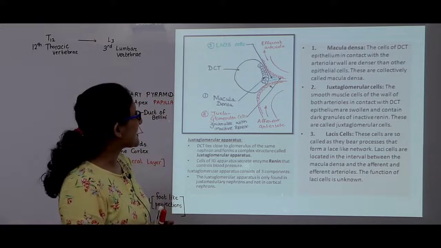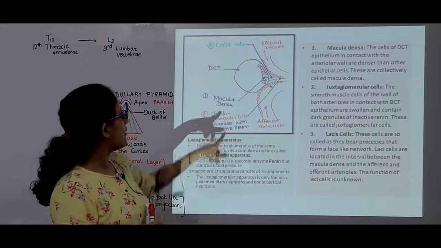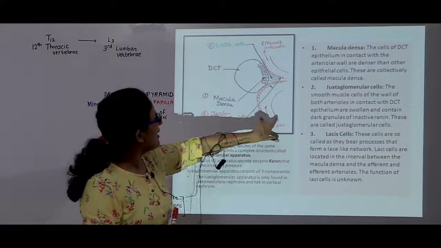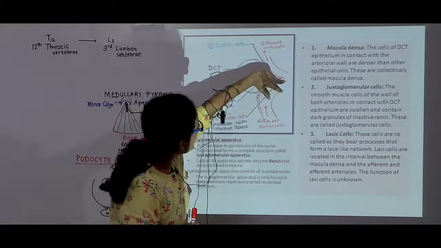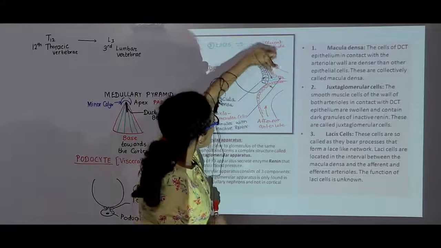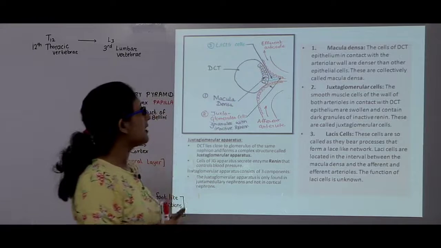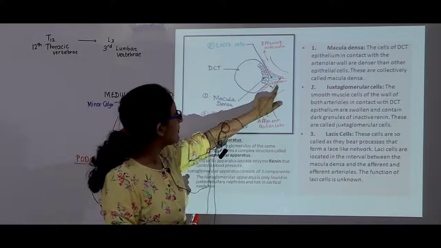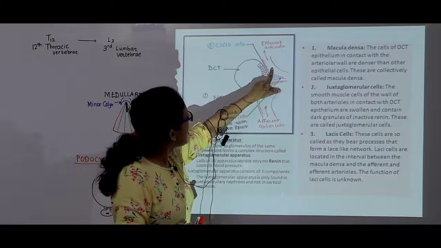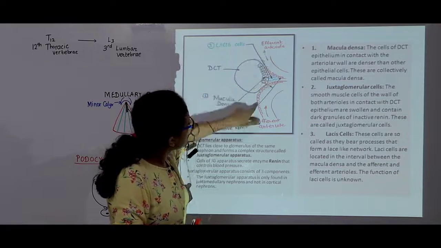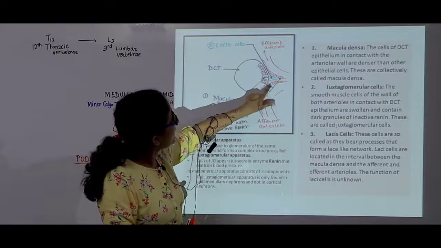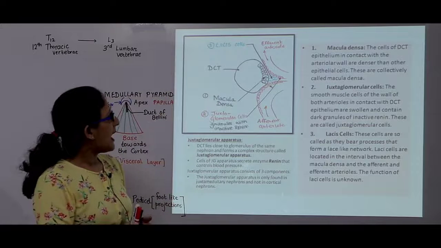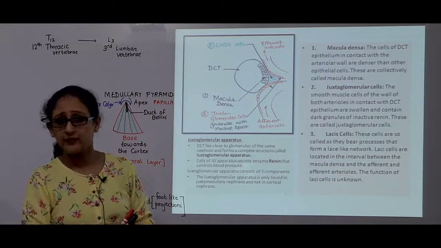Second, the juxtaglomerular cells, I have done it in red. So you have a larger diameter afferent arteriole and a smaller diameter efferent arteriole. Can you see these cells of both afferent and efferent, especially those which are in contact with the DCT, and I put a lot of dots in it.